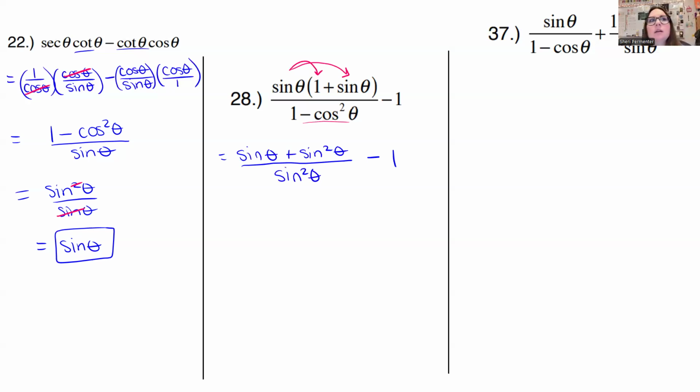From here, what if I split these fractions? So I get sine over sine squared plus sine squared over sine squared. I'm just going to split it into two fractions. Plus, don't forget the minus 1. From here, what can we do?